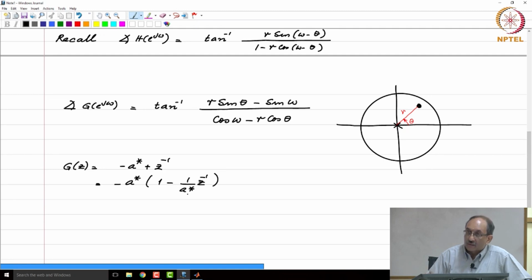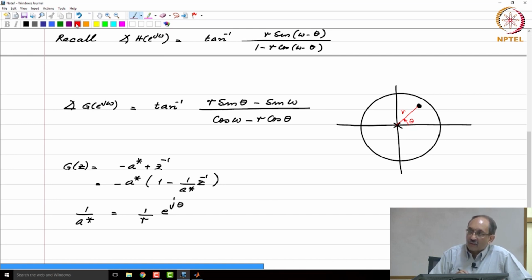If I take minus a star outside, I will get this, and the 0 therefore is at 1 by a star. The 0 is clearly at 1 by a star, and if a is r e to the j theta, 1 by a star is 1 by r e to the j theta, and therefore, for g of z, the 0 is at 1 over r e to the j theta.